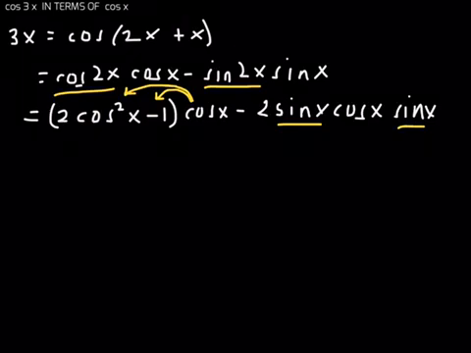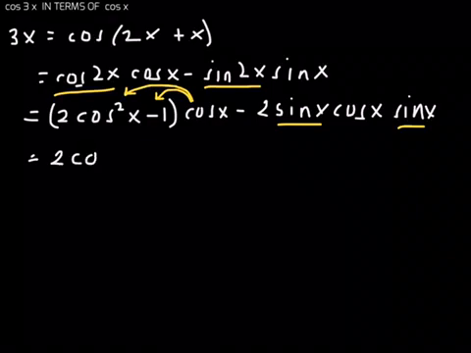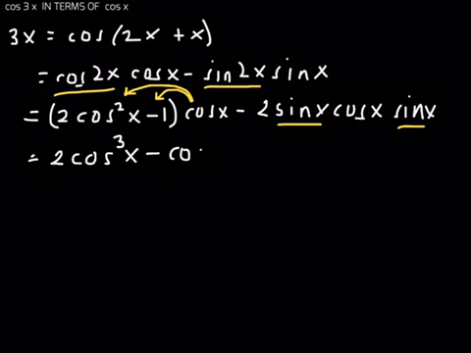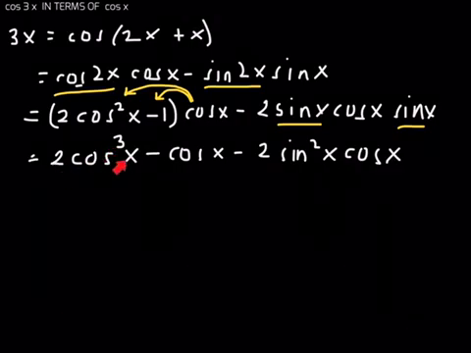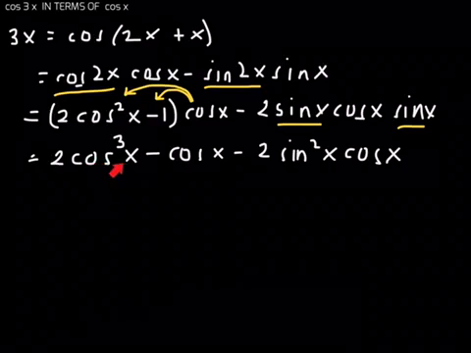So then this is equal to 2 times cosine cubed of x minus cosine of x minus 2 times sine squared of x cosine x. Notice that all of this is done. 2 times cosine of x raised to the third power is in terms of cosine of x, so that's good. This is cosine x, so that's good. That's what they wanted.